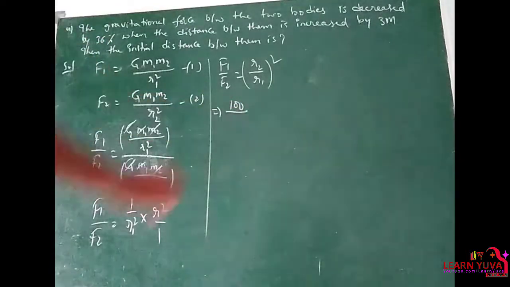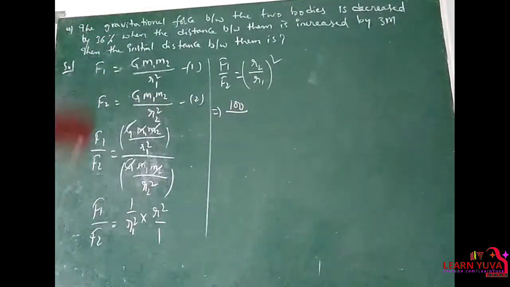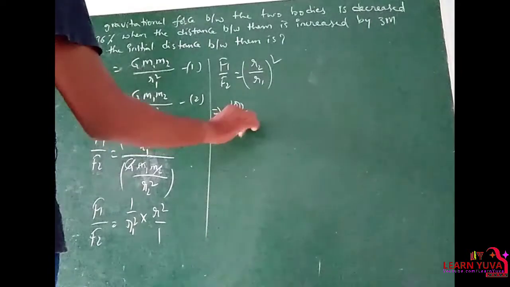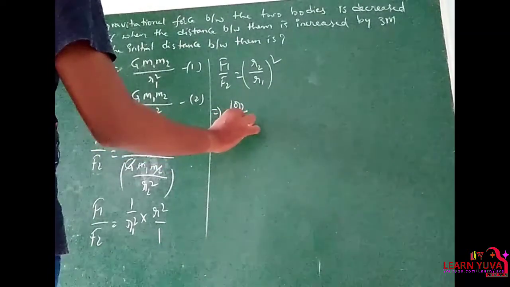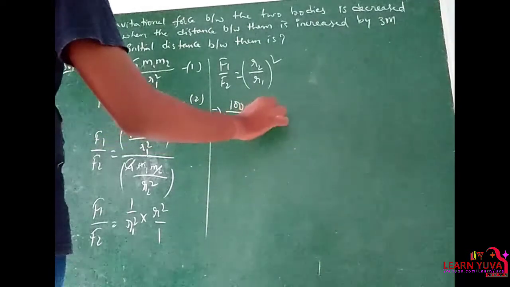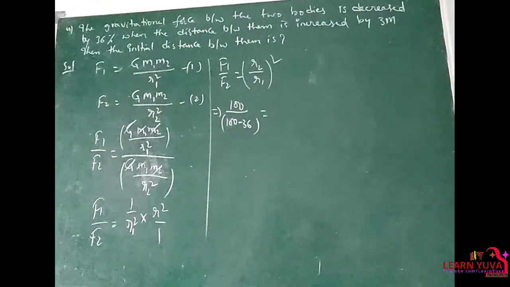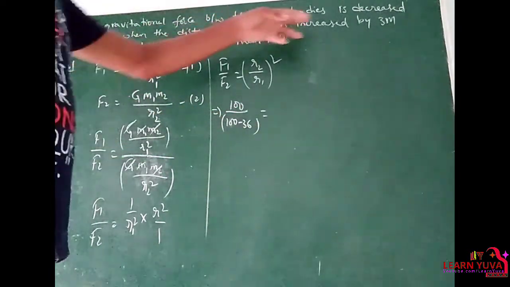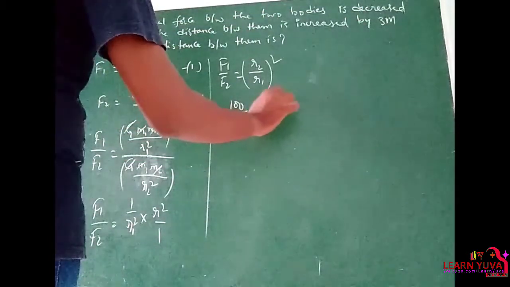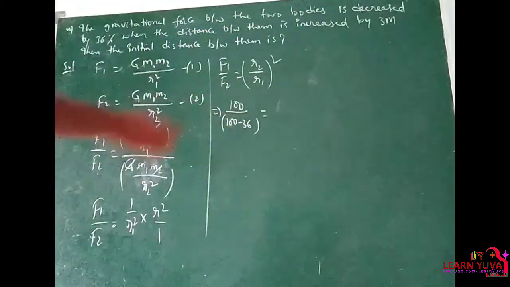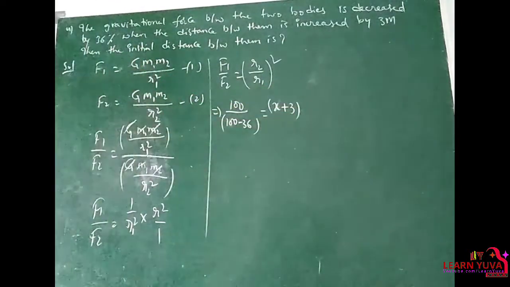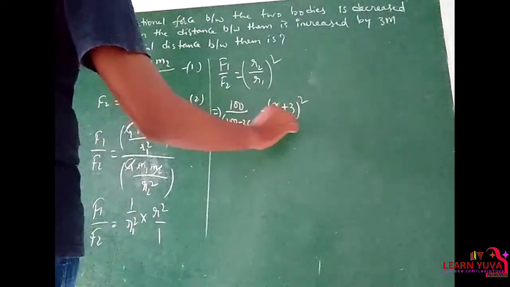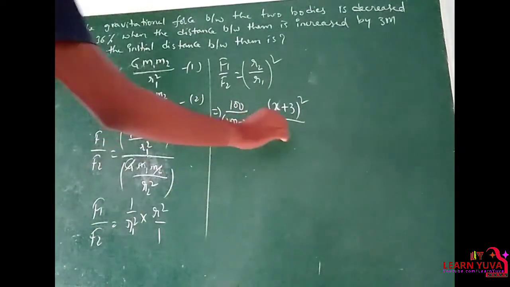100 minus 36. What is the value of 100 minus 36? So 100 minus 36 is 64. So you can get a clear idea. Okay, the r2 value is increased by 3 meters. That means, let's say the distance is x. So x plus 3 whole square by x square.